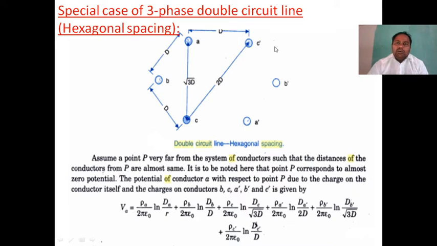So assume a point P very far from the system of conductors, such that the distances of the conductors from P are almost the same. Here we made two assumptions. We consider one point P, and from point P all conductors are at equal distance: conductor A to P, conductor C dash to P, conductor B dash to P have the same distance.